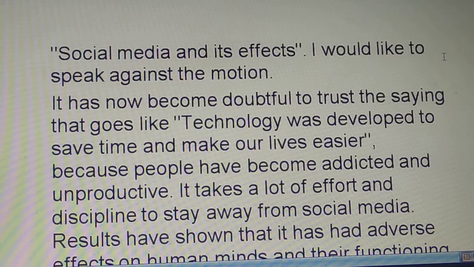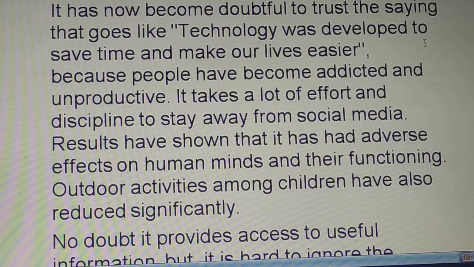It takes a lot of effort and discipline to stay away from social media. Results have shown that it has had adverse effects on human minds and their functioning. Outdoor activities among children have also reduced significantly.